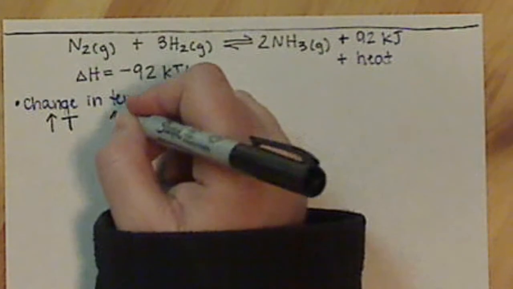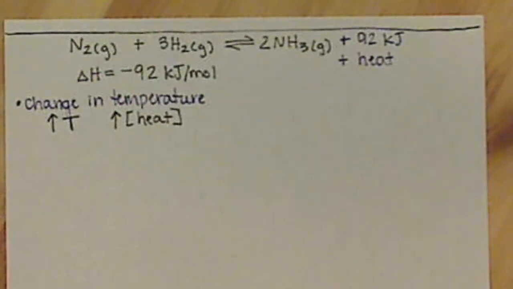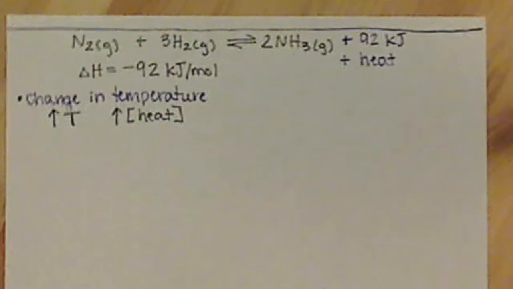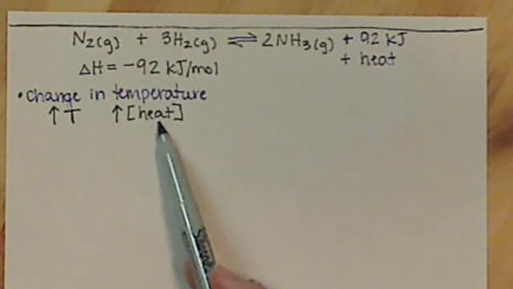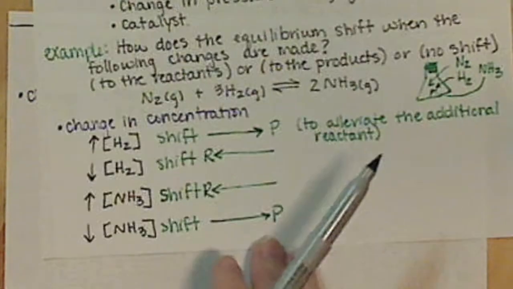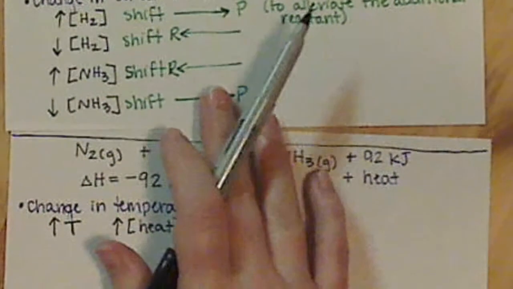Now, that doesn't really make logical sense. Heat is not a concentration, but it then allows us to address our shift just like we did our shift in concentration. So I'll keep this down here for comparison.